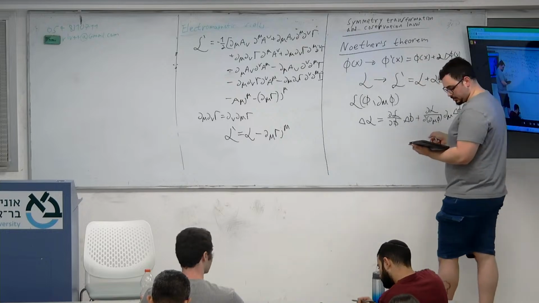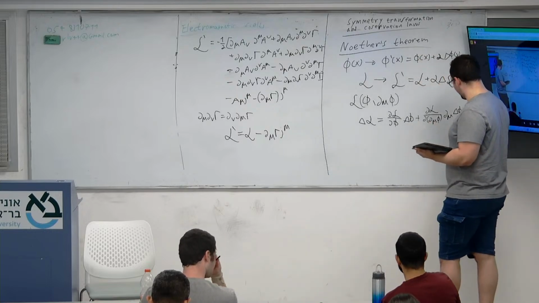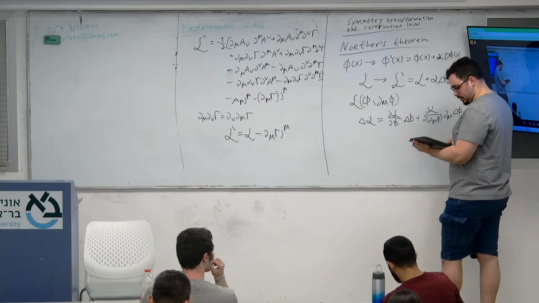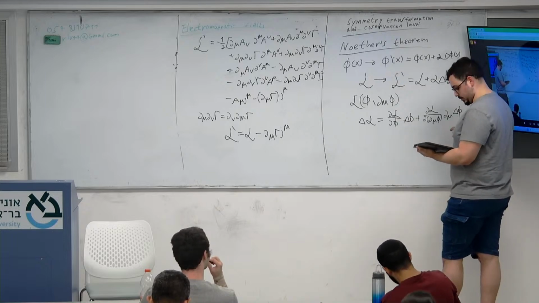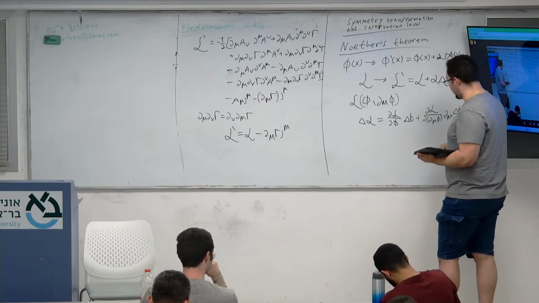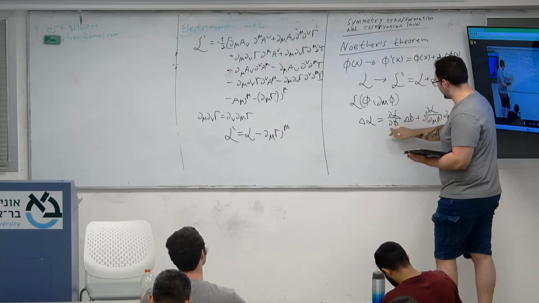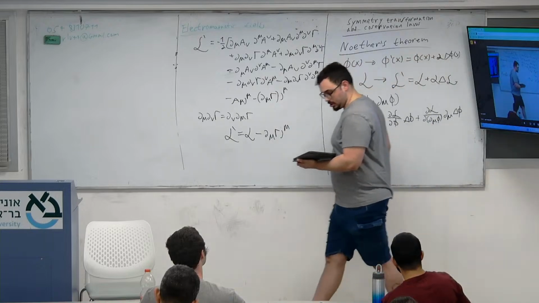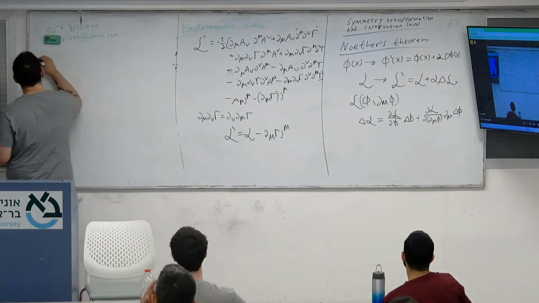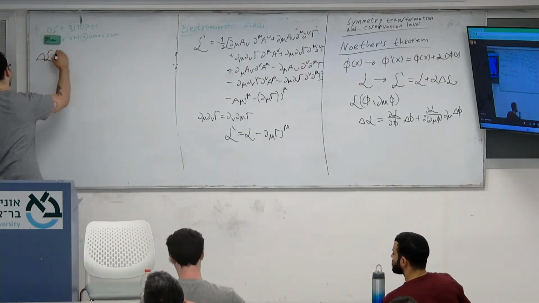If we integrate this term by parts, and use the Euler-Lagrange equation to simplify this term right in the beginning, we can simplify the entire delta L equation.